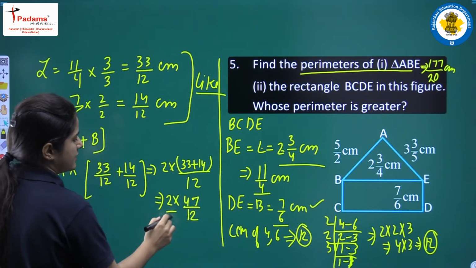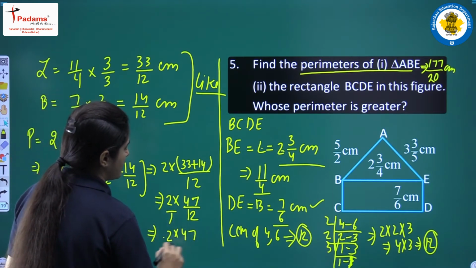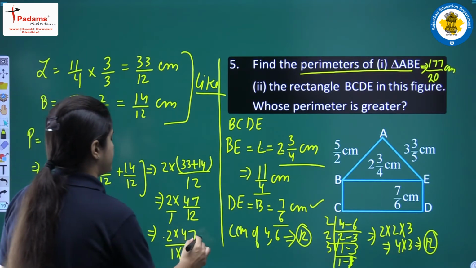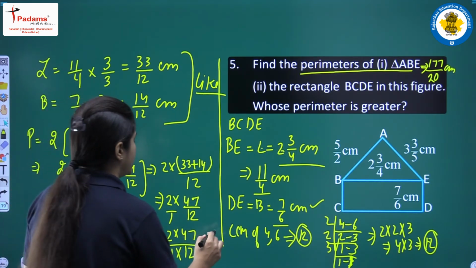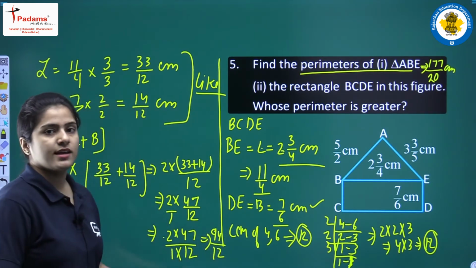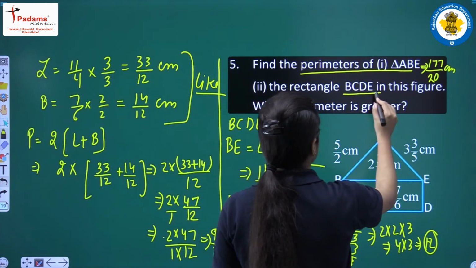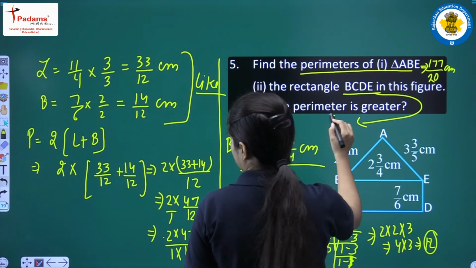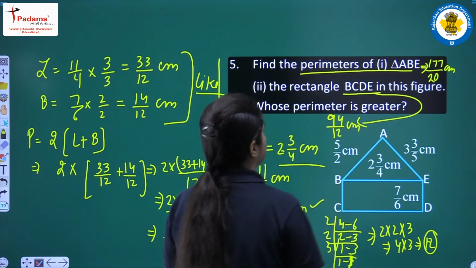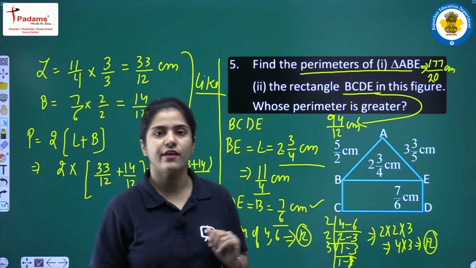Okay, now this is 2 into 47, 1 into 12. Okay, what is it? 94 upon 12. Alright students, now the perimeter of this rectangle is equal to 94 upon 12 centimeters. We have found out the perimeter of both the figures, the triangle and the rectangle.